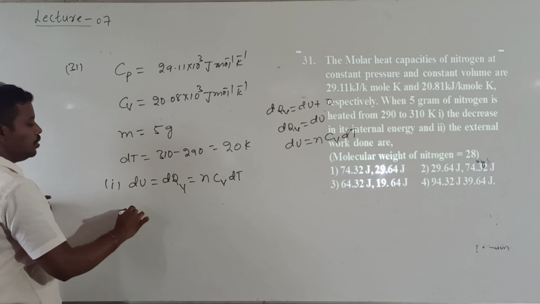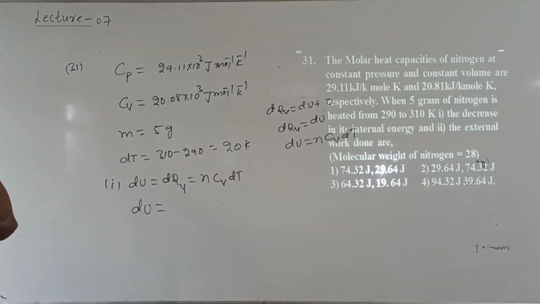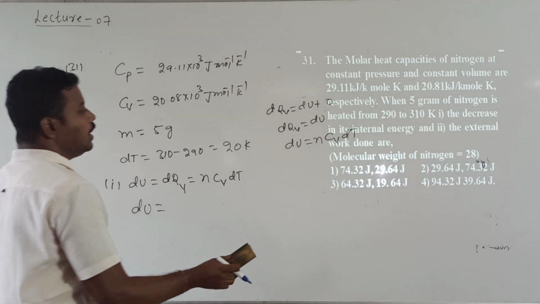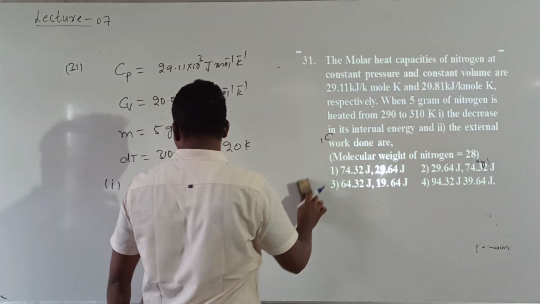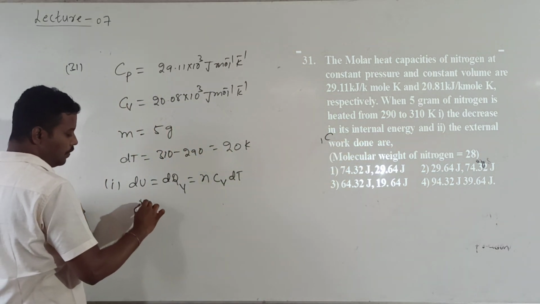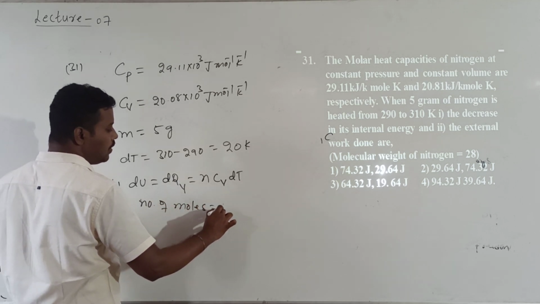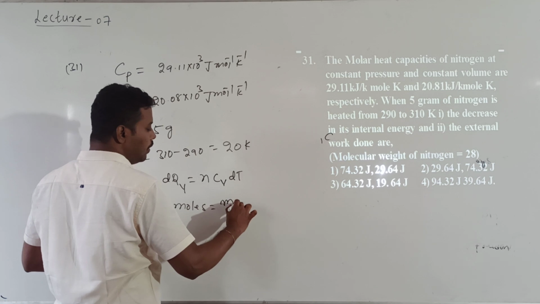Substitute the values; dT and the molecular weight are given. To calculate this, we need n. The number of moles is equal to mass divided by molecular weight.